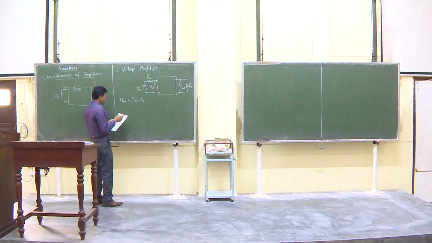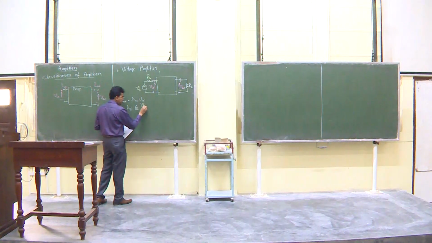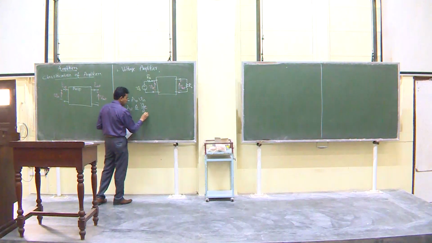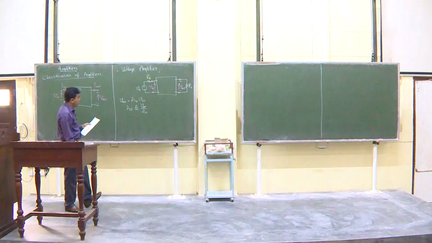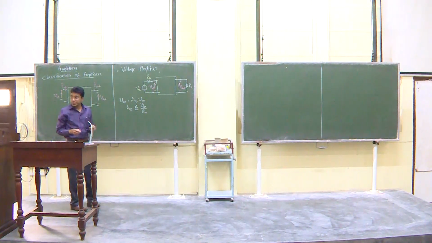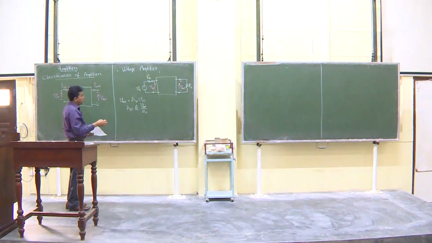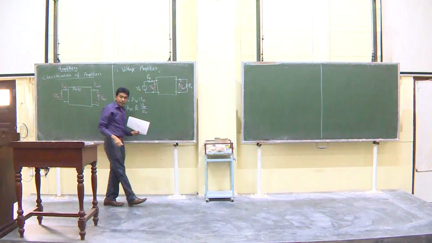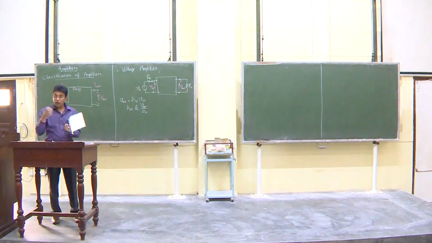AV is defined as V out over V in. When I put a triangle, that means it's a definition. Now, as I said, this is an output voltage, so whatever is inside this black box, I need to represent as an output voltage source. That means I need to represent it as a Thevenin's equivalent circuit, which is what gives me an output.